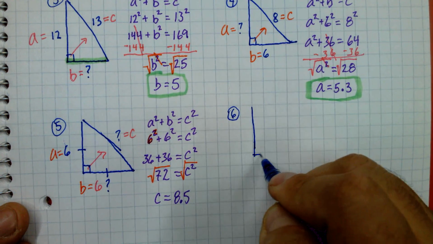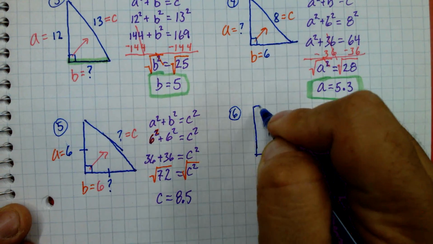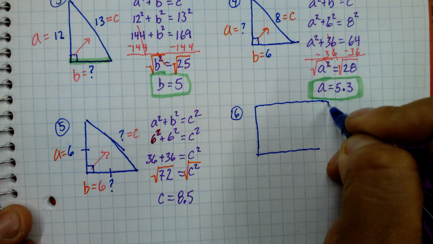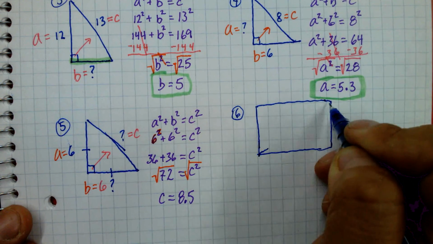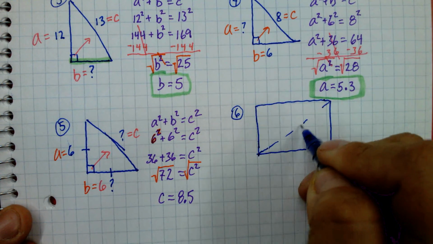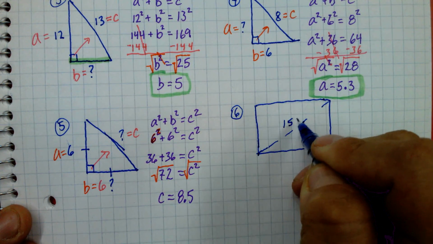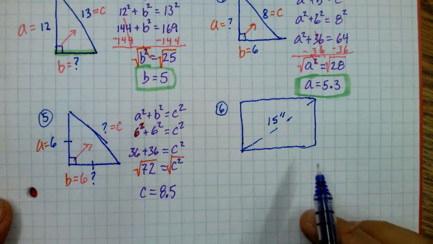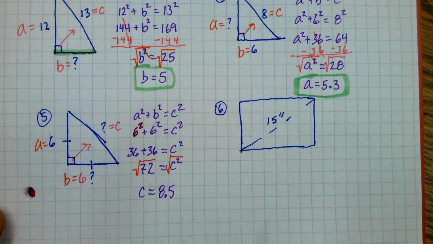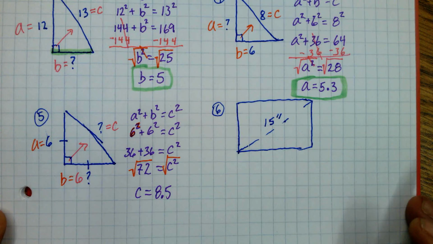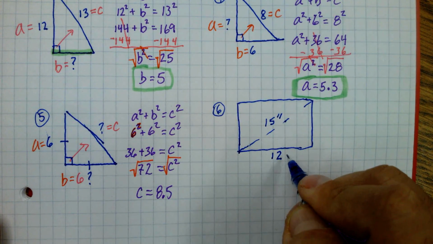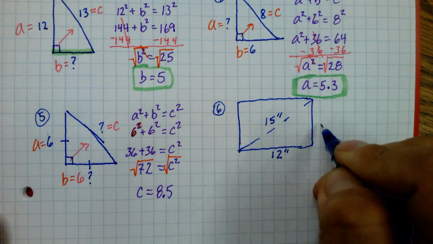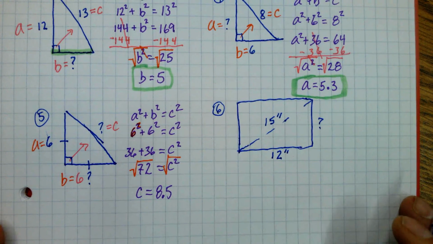Let's say we have a 15-inch monitor screen. I'll use the little quotation mark for inches. You're all familiar with that? And the length here is 12. We don't know the height.